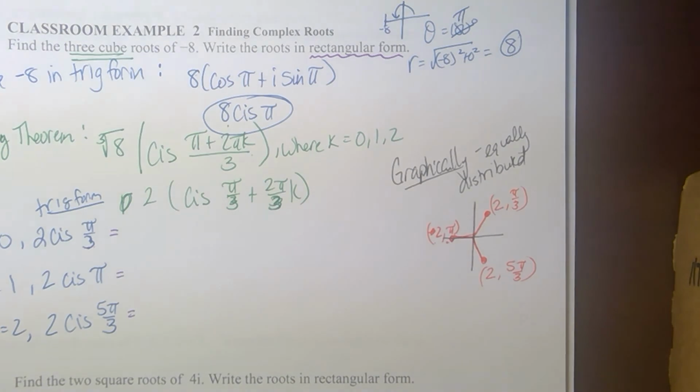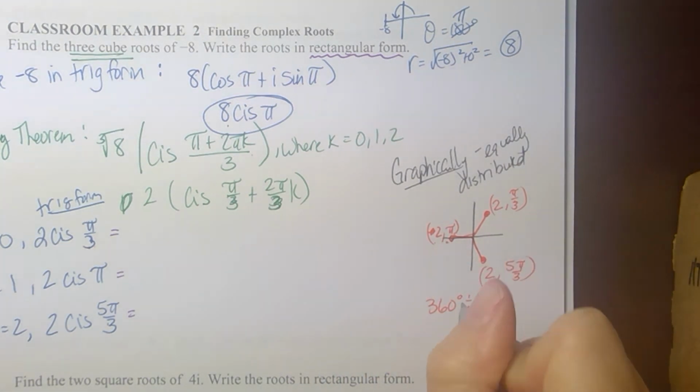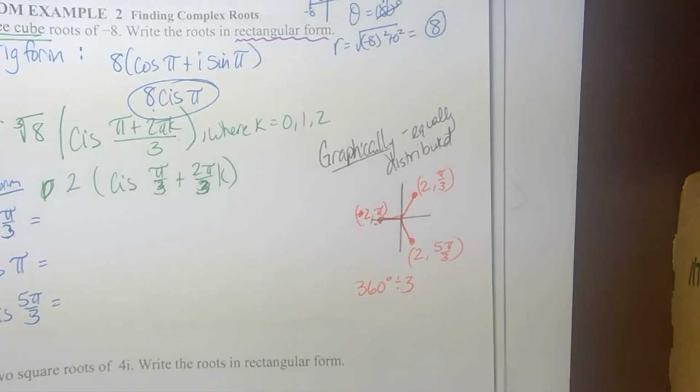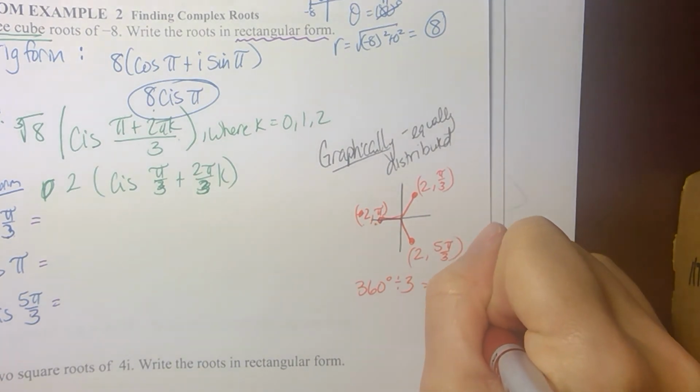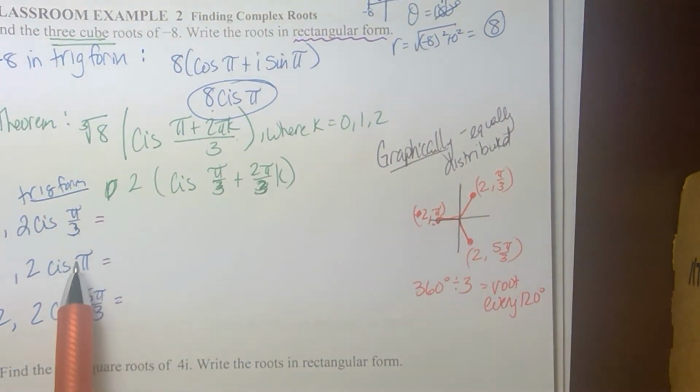It's easier to think about things in degrees, right? So I'm going to say my circle is 360 degrees. I'm dividing it amongst 3 roots, which means I have a root every 120 degrees. I find another root every 120 degrees. I start at the first root.